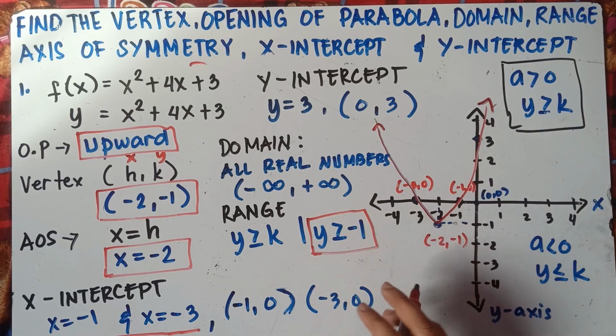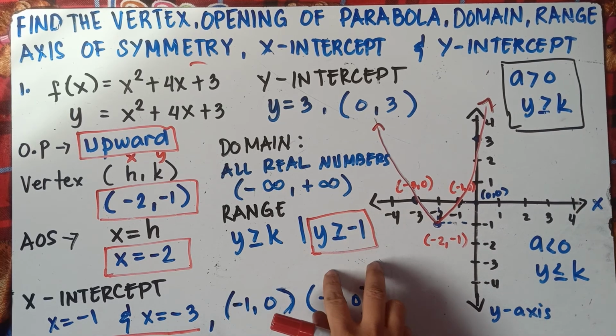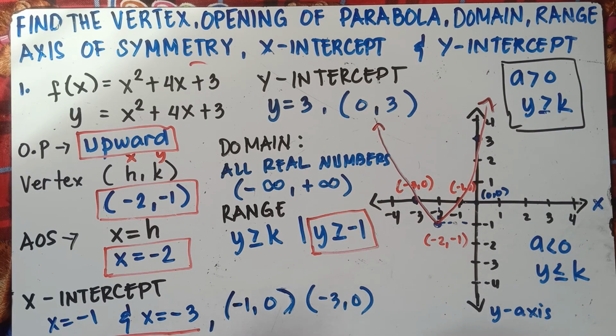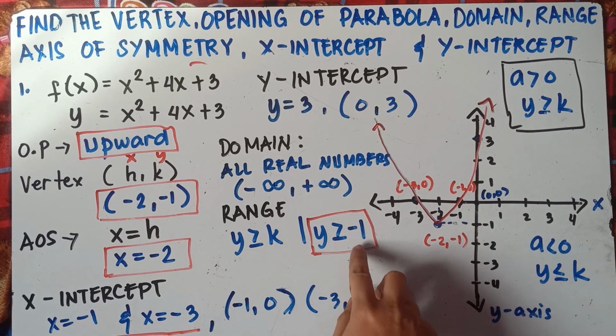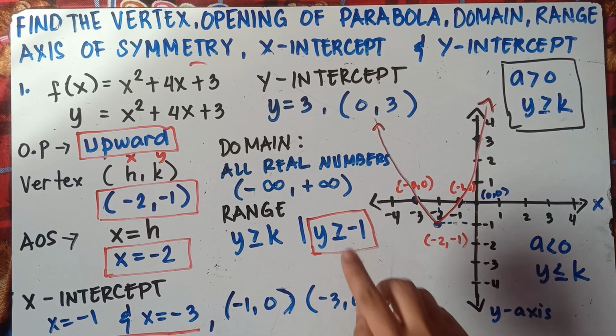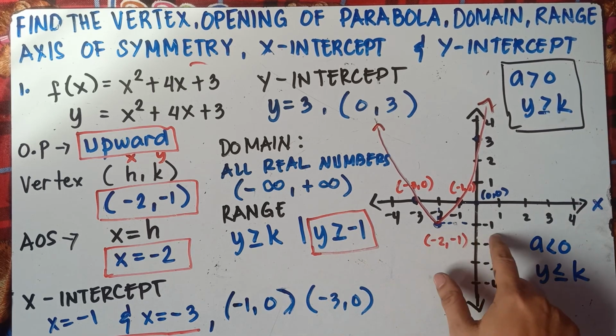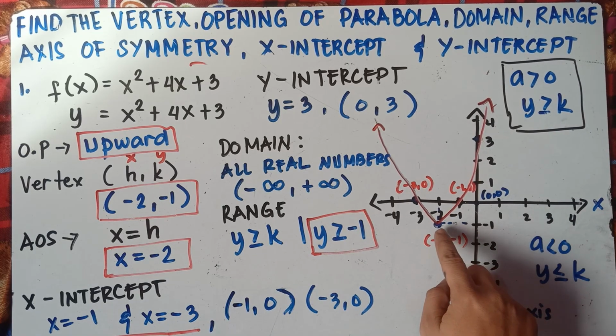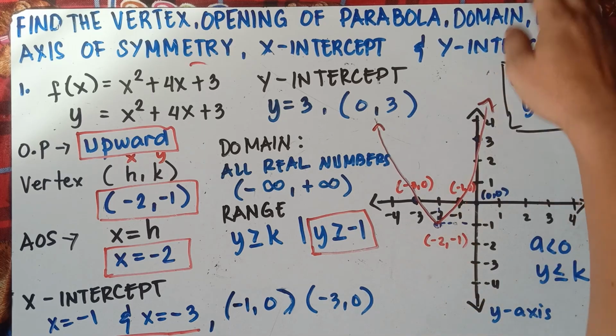Now, if we want to explain why y is greater than or equal to negative 1, your range, class, is actually the y values. Once again, range is the y values. Why greater than or equal to negative 1? Because starting from negative 1 for your y, it goes up to positive numbers.